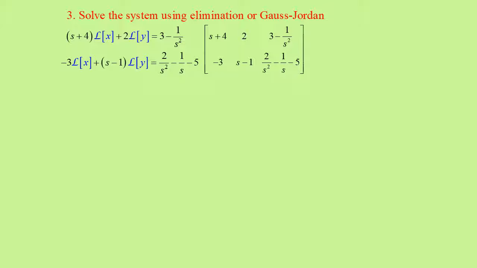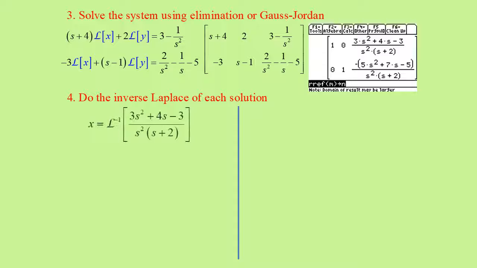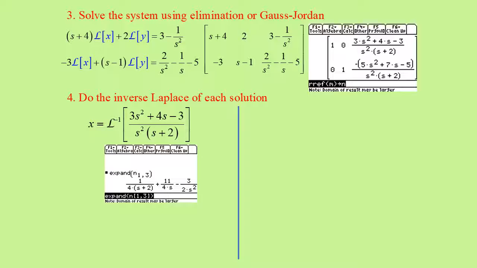We type this matrix in. You can see what I did earlier. I just typed it in and stored it as M, and then did the RREF on M. Went ahead and stored that in a new matrix called N, and then did the expand on the n 1, 3, which is the Laplace of x.